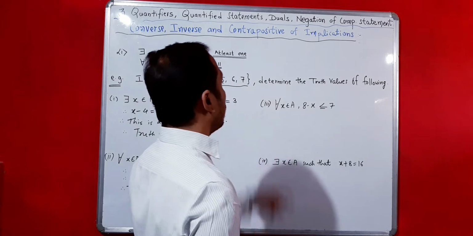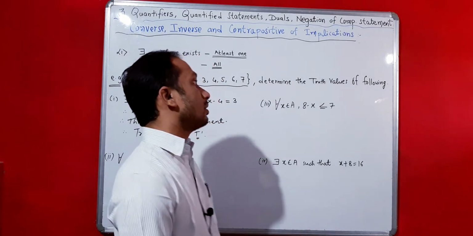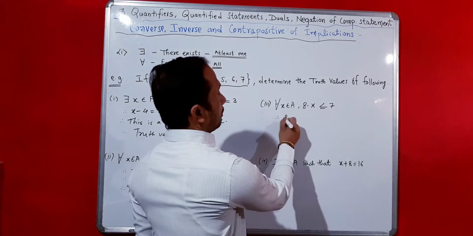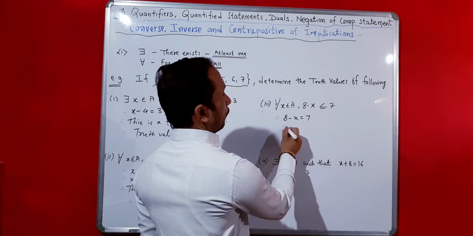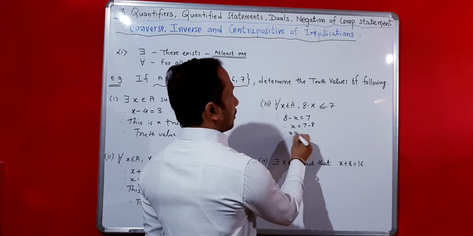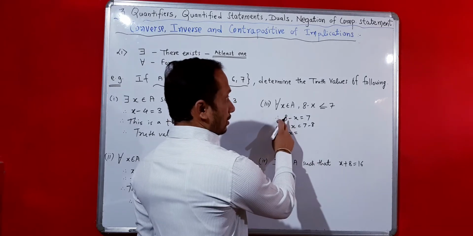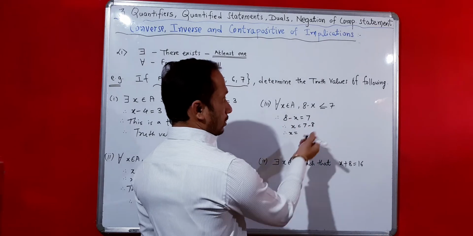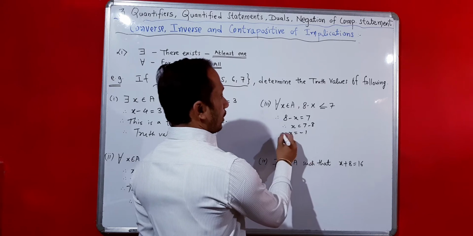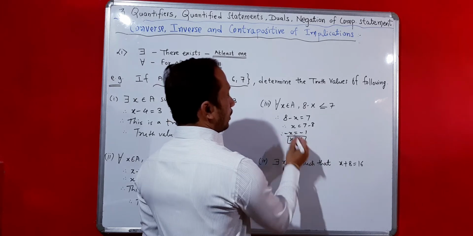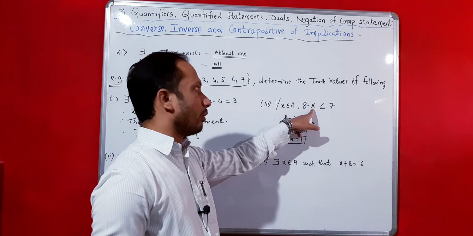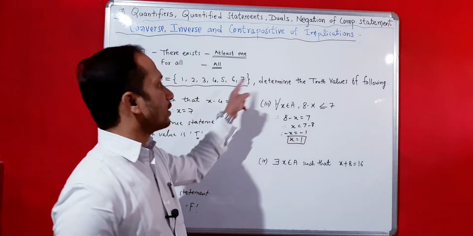Next, for all x in set A such that 8 minus x is less than or equal to 7. Therefore 8 minus x is equal to 7, so minus x is equal to minus 1, therefore x is equal to 1. Now when x is equal to 1, I will get 7, then for the other values I will get 6, 5, 4, and so on, but not more than 7.